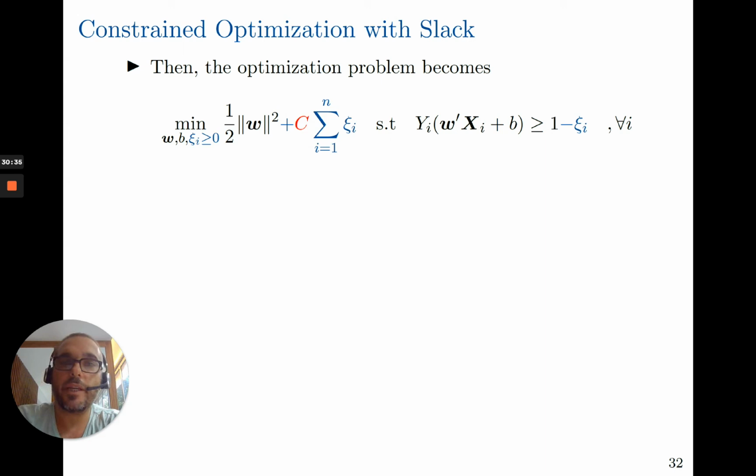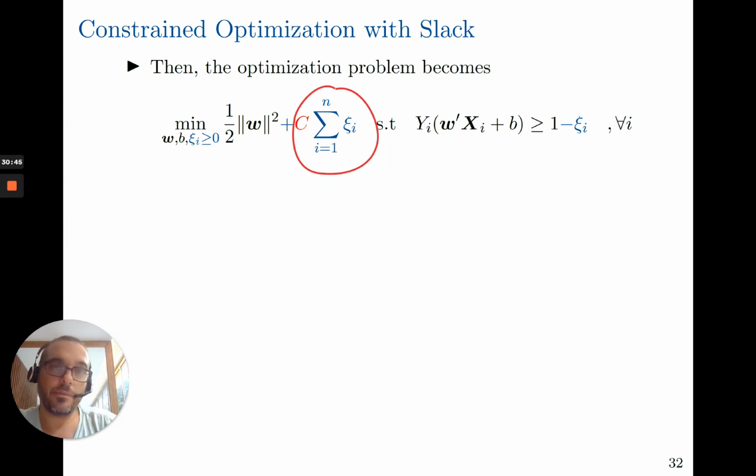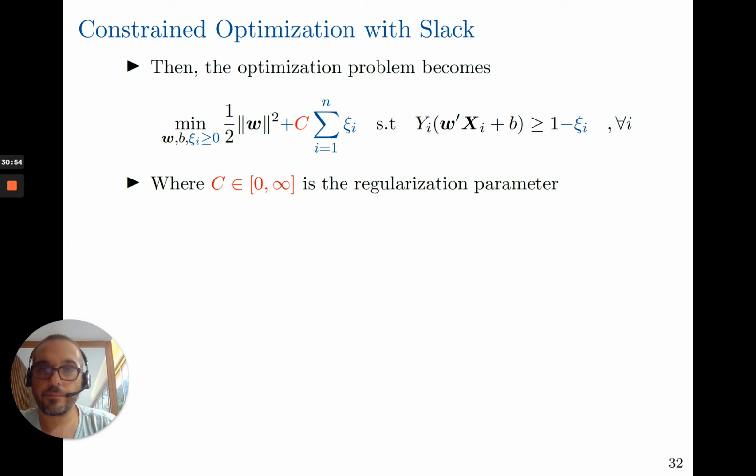a different constrained optimization problem, where now we have this additional term in our minimization, and note that the linear restrictions are now modified. C is a positive regularization parameter.